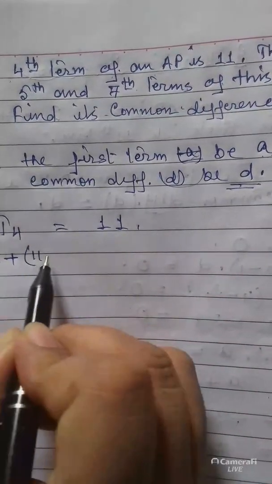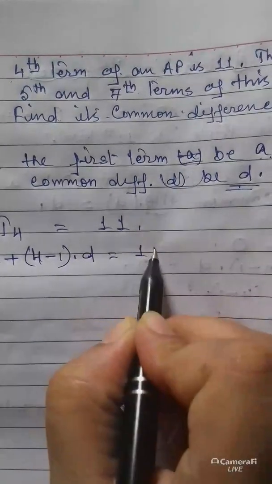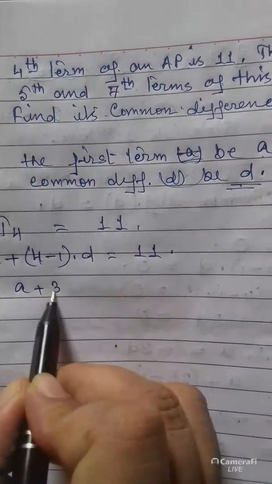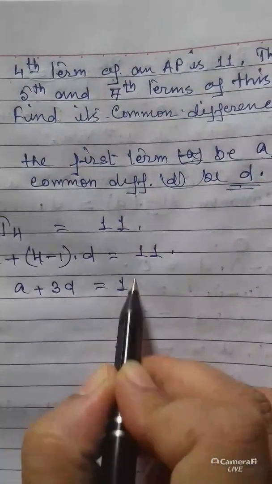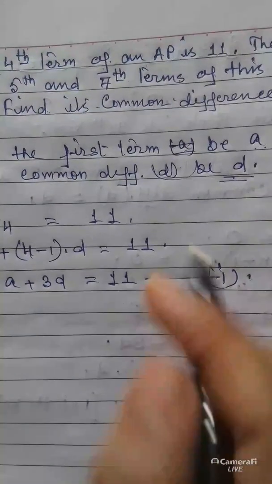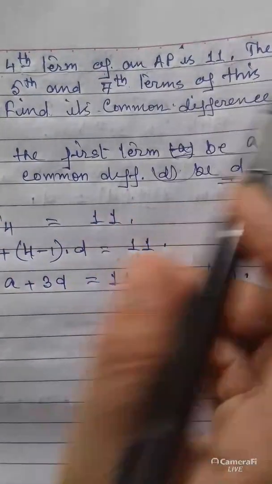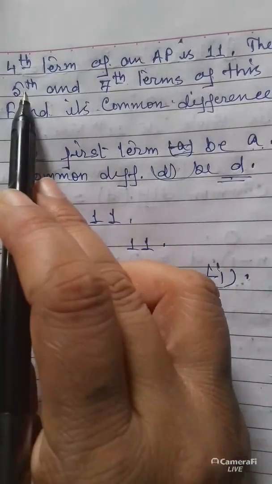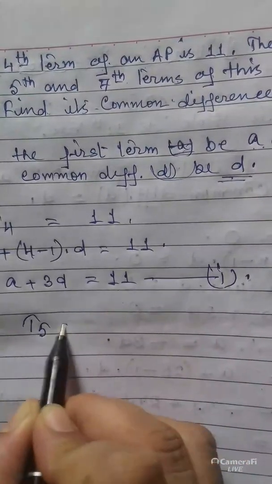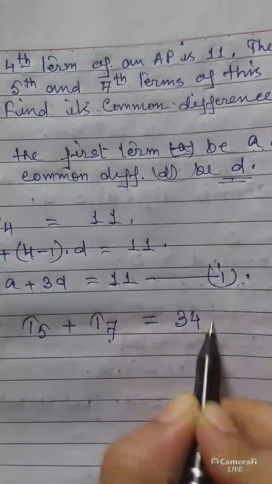T4: A plus (4 minus 1) into D equals 11. So A plus 3D equals 11. Suppose this is equation number 1. And the sum of the fifth and seventh term of this AP is 34. We can write T5 plus T7 equals 34.